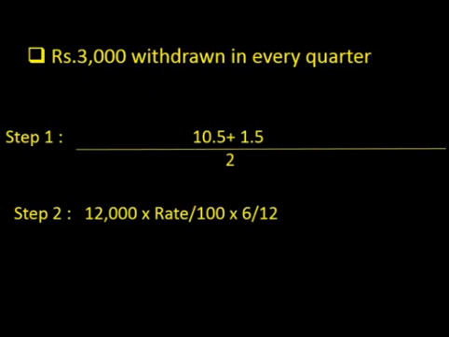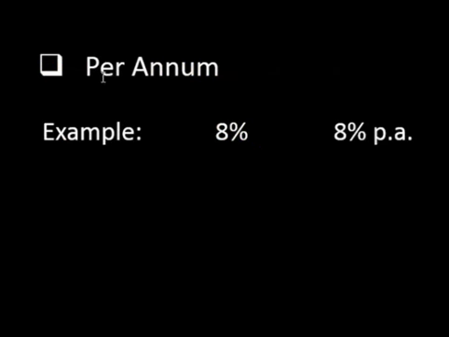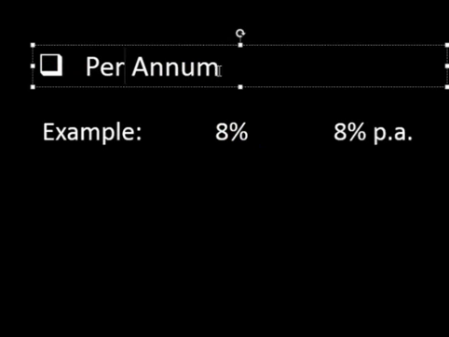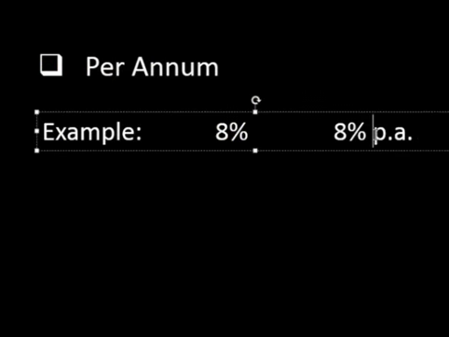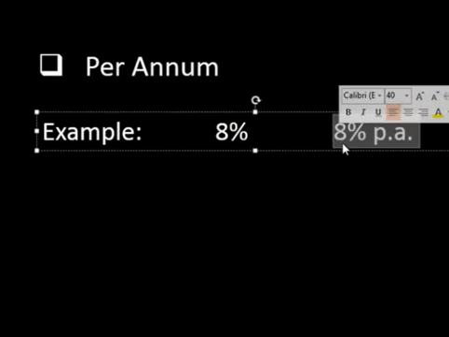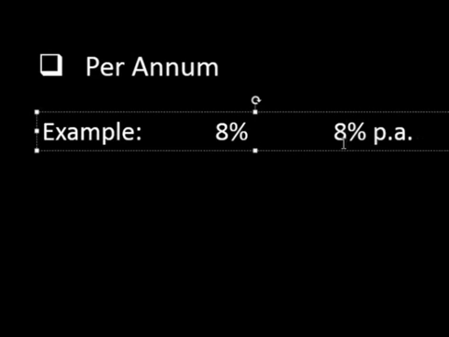So now there is another important issue which you may face during the exam, that is the effect of per annum. Be careful when you are reading the question. If the per annum word is given with the rate of interest, it means you have to consider the time period also.